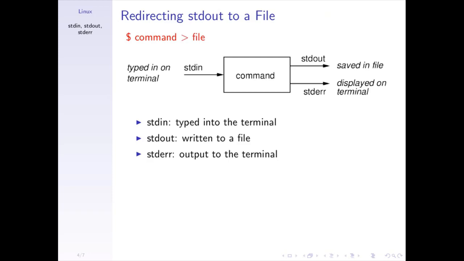We can redirect the output to a file. So normally the standard output is displayed on the terminal, but what we can do is send the output to a file and save it in a file. This is called redirection. And to redirect to a file, we use the greater than sign.